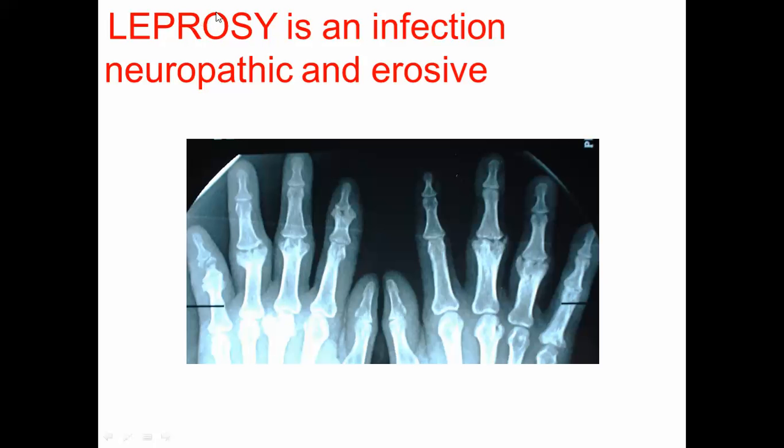Leprosy is infection, but can produce neuropathic appearances, and in this case you will find lost peripheral ungual tufts or erosion of the ungual tufts, or it could be erosive, as here, erosive with new bone formation around. So there is some destruction and there is some new bone formation, but the key point is that it's multiple and affecting more than one joint.